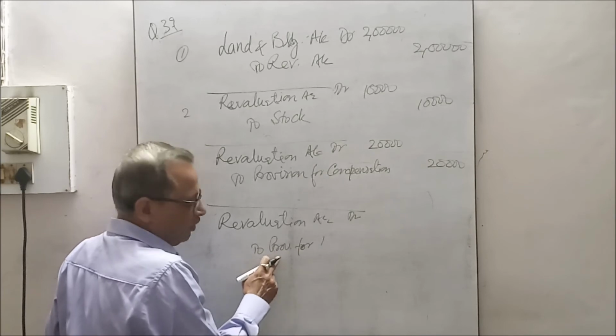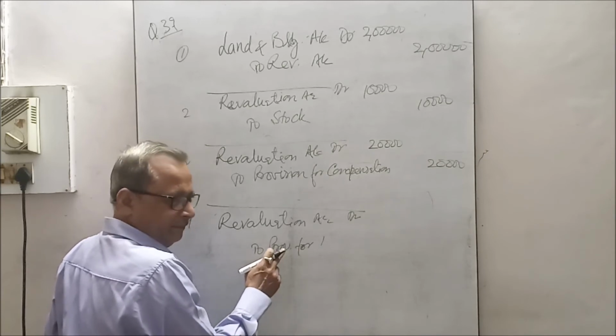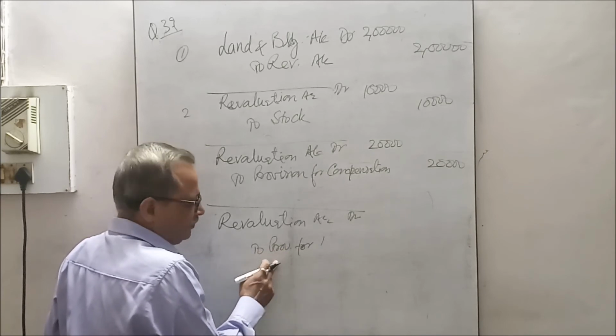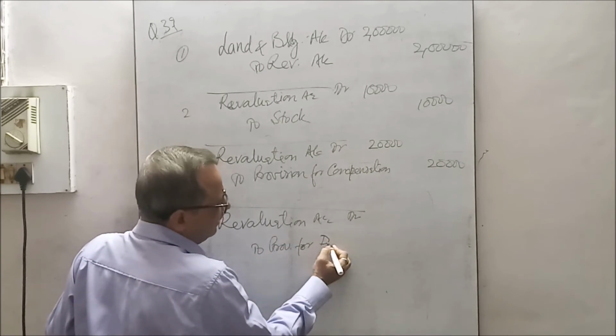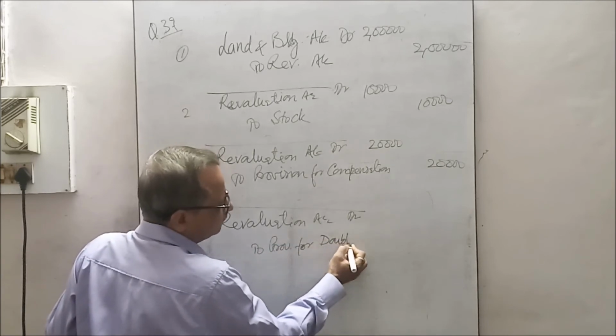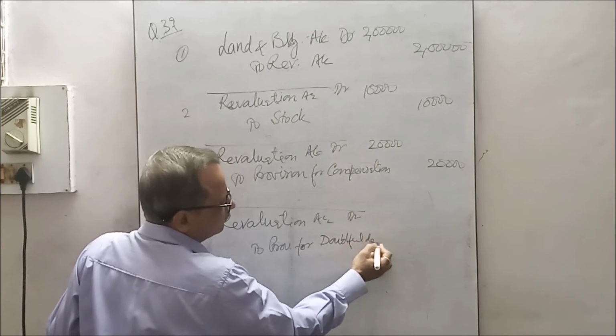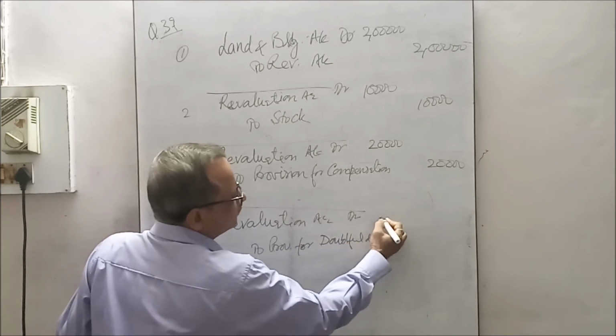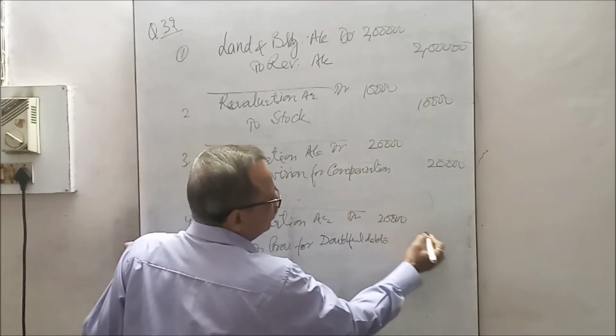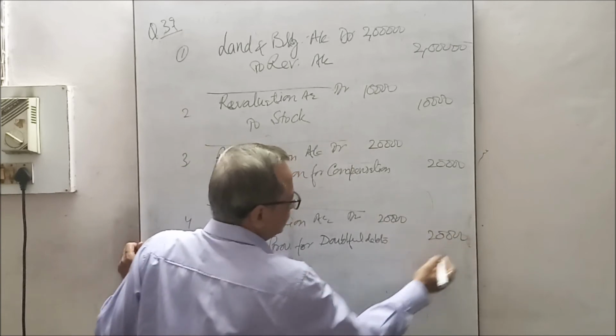Estimated amount will always be provided by the business from the profit. That is provision for doubtful debts or bad debts, 20,000.